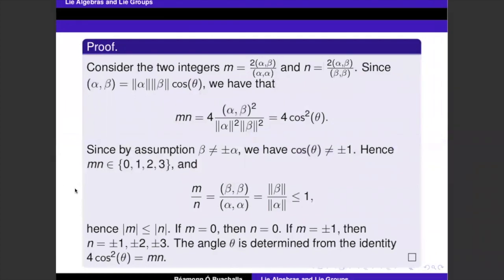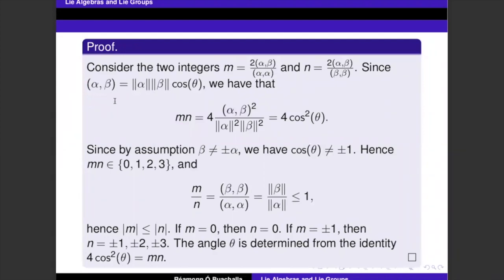So we consider two integers. Again, you should see this is the angular bracket of alpha and beta, and the second one is the angular bracket of beta and alpha. We're taking n and m. Now, in general, you know from elementary coordinate geometry that the Euclidean inner product is related to the angle by the norms of the two vectors you're looking at, alpha and beta.